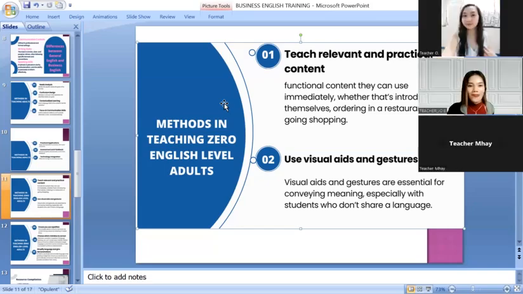Okay, having relevant content during classes depends upon the assessment that you've done during your first class. If you identify those aspects that they need help with or that need to be improved, you're going to focus on that.